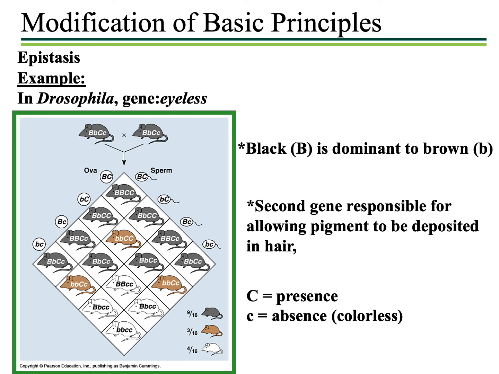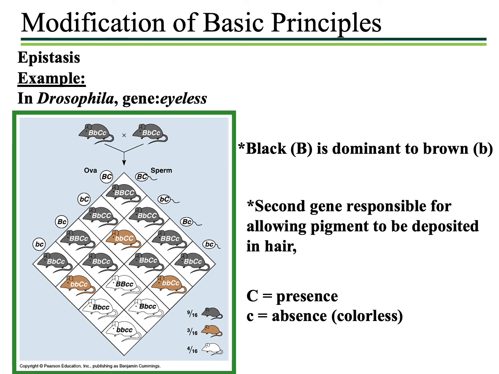If you look at the Punnett square on the left-hand side, here we have a cross between two mice that are heterozygous for both color and for this pigmentation gene. If you work through the Punnett square, you can see that the offspring have some interesting phenotypes.